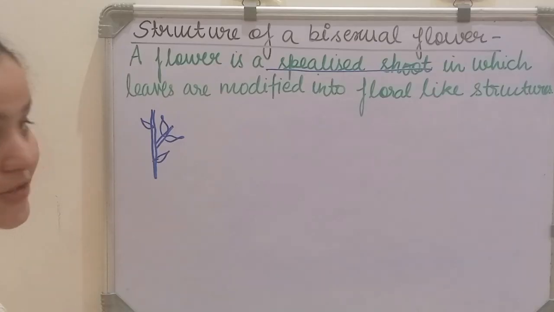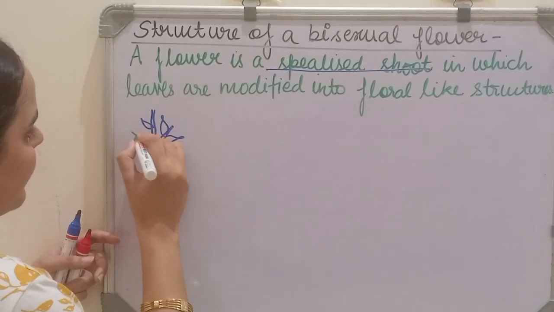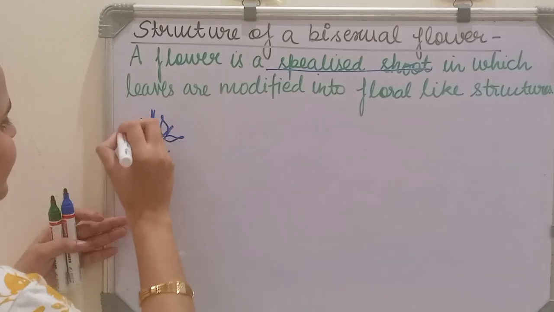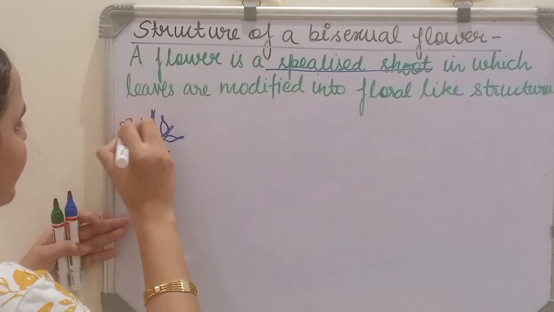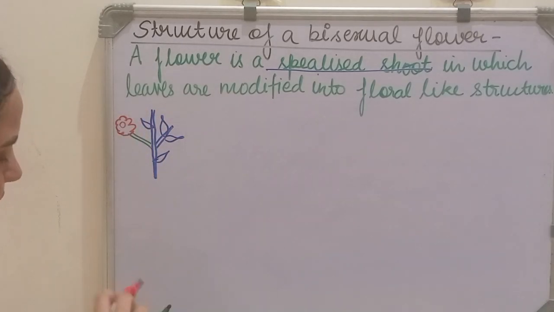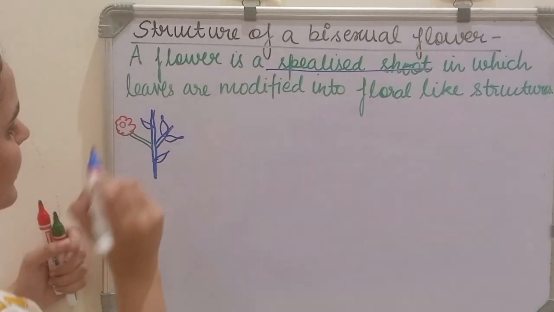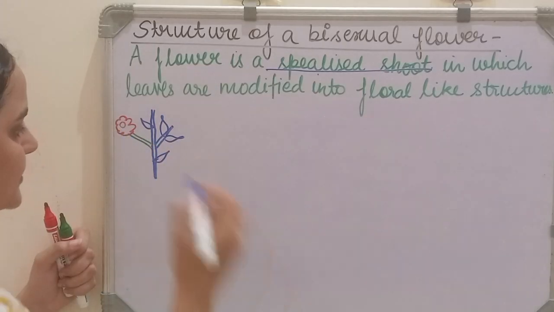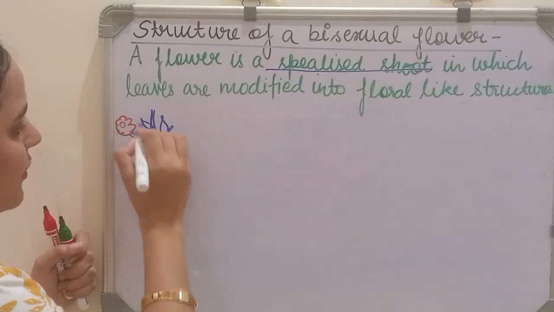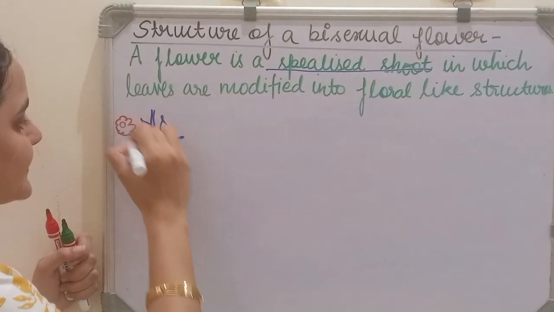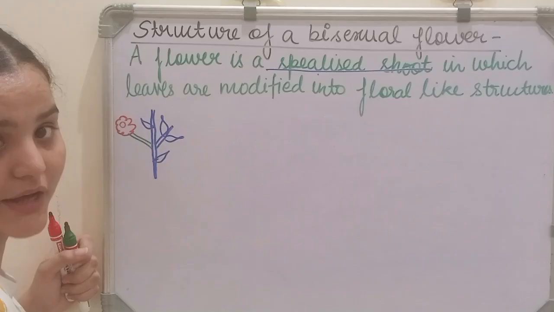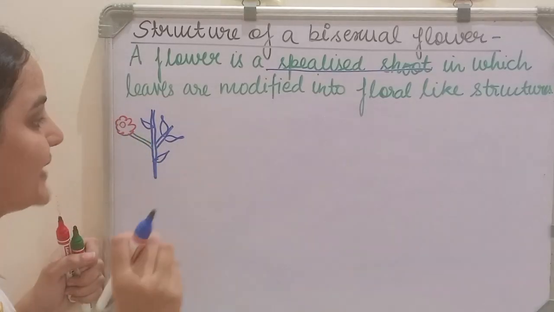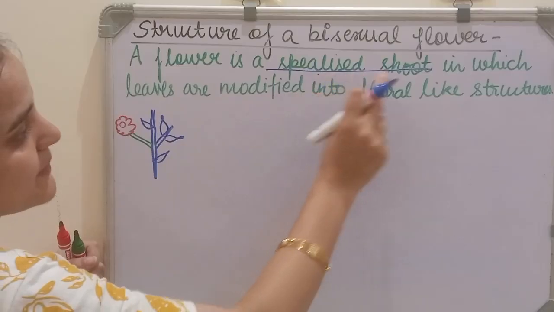So if we are drawing a branch for flower, and here is our flower located, in this specialized shoot, meaning the branch or the stem that is giving rise to a flower, that is meant for reproduction. That is why it is known as a specialized shoot.